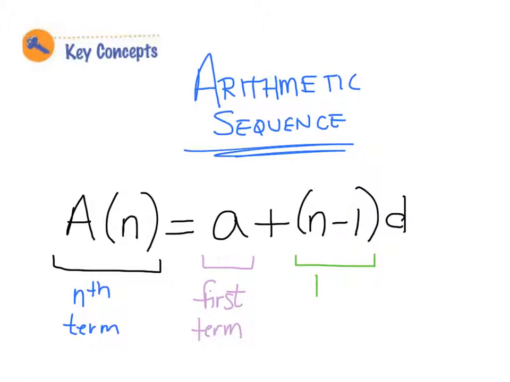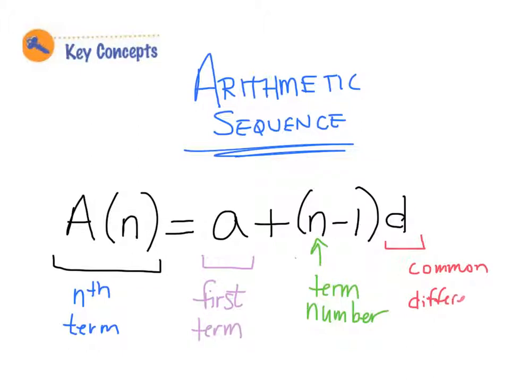The n represents the term number. And lastly, the D represents the common difference. Notice the common difference in the problem we just did was 4. We added 4 every time.